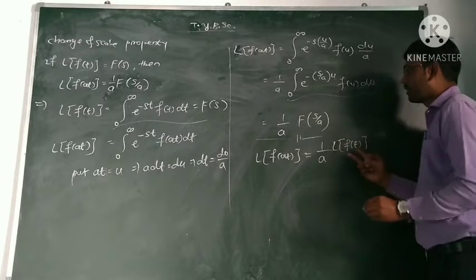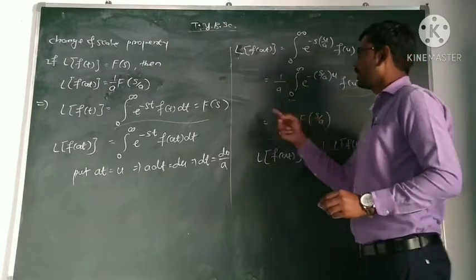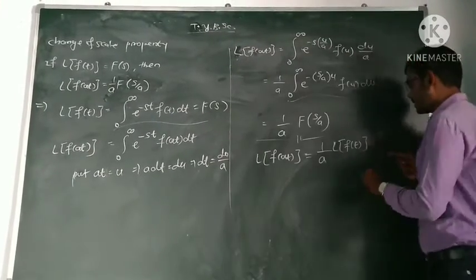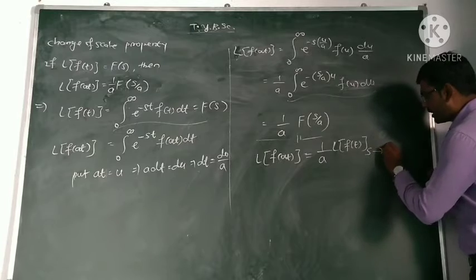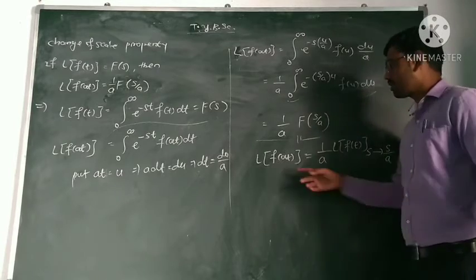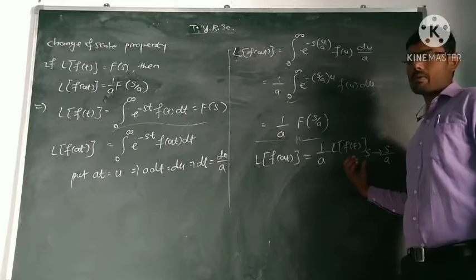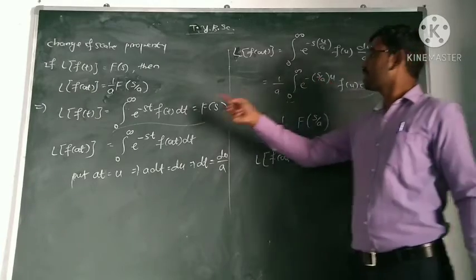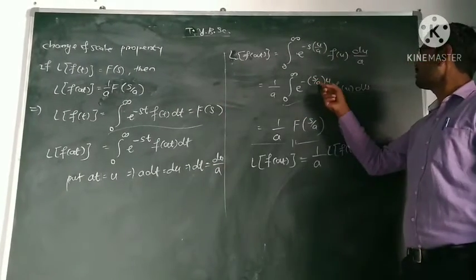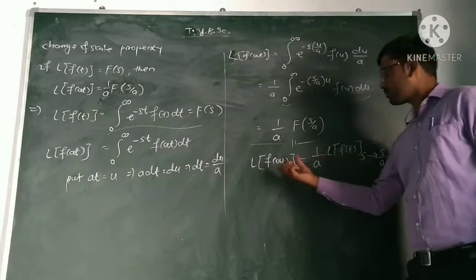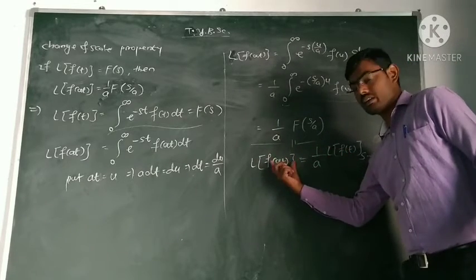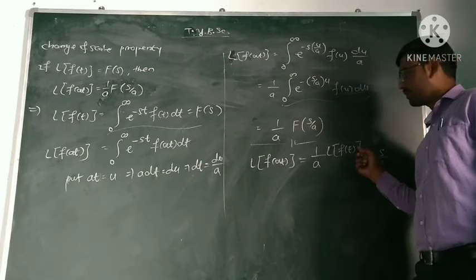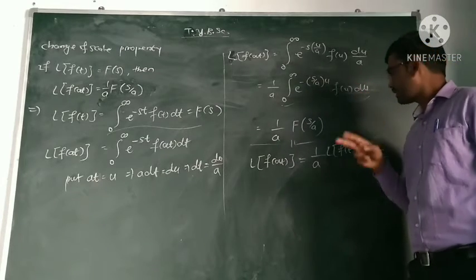But here s changes to s by a. So in this way we use the change of scale property. See, here s changes to s by a. So find the Laplace transform of f of at: find the Laplace transform of f of t and make two changes.